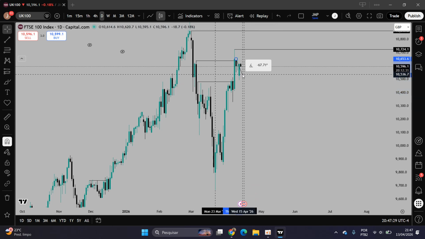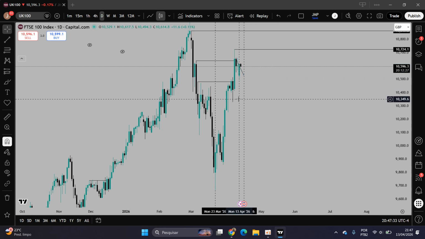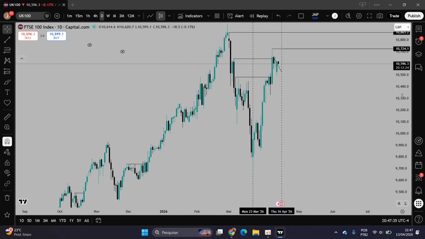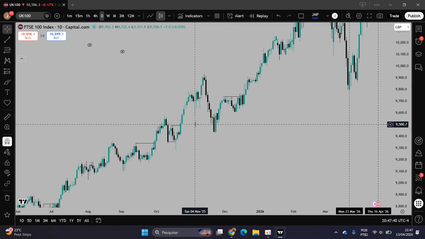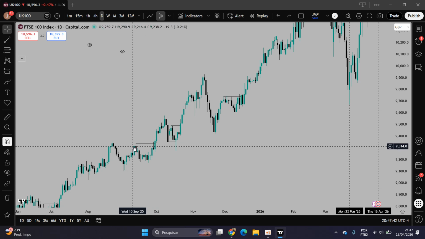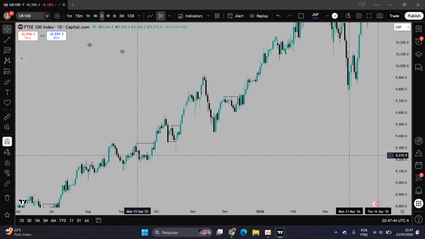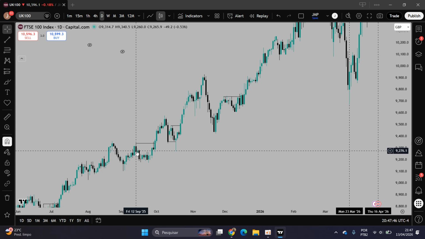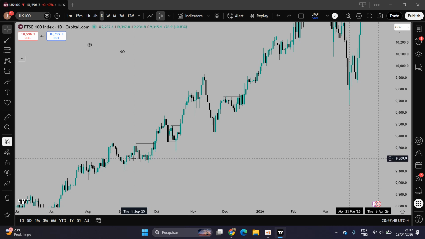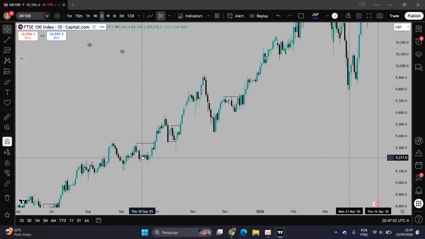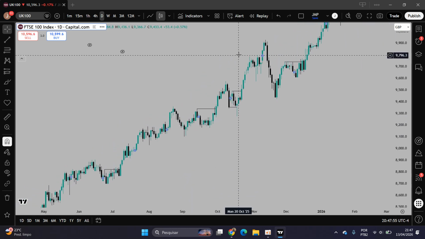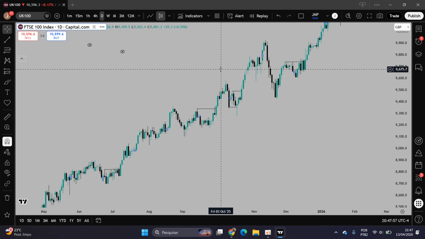It's almost not necessary, you know what I mean? Right here is almost the same situation as this one. Price came down to these lows to take liquidity, then after that he exploded to the upside.